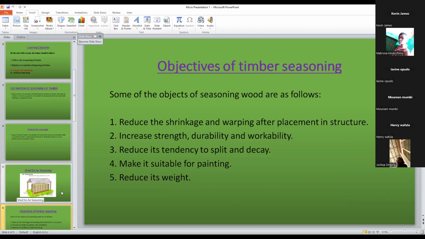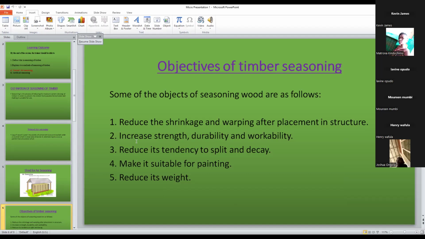Number three, reduce its tendency to split and decay. Number four, make it suitable for painting. Lastly, number five, reduce its weight. Thank you. Okay. So I would like to explain each of them.